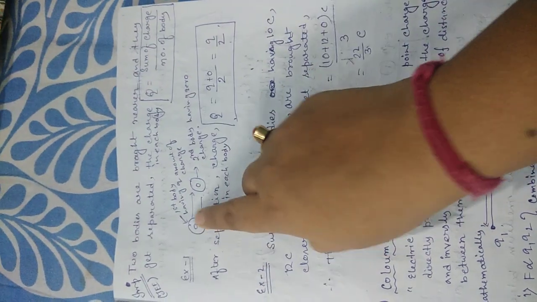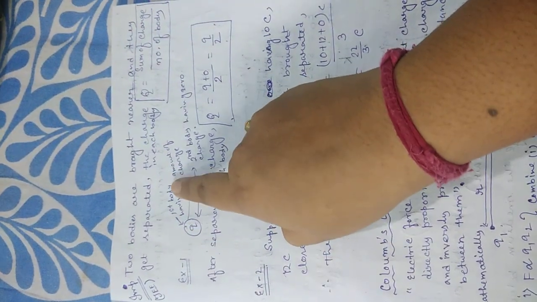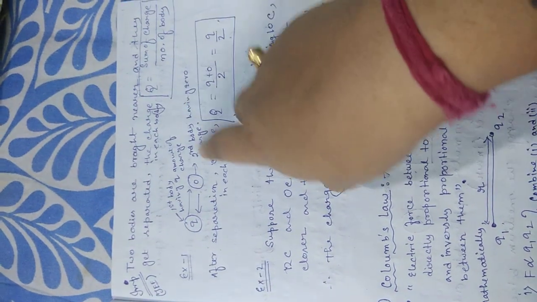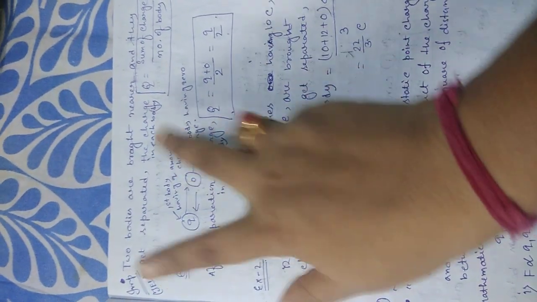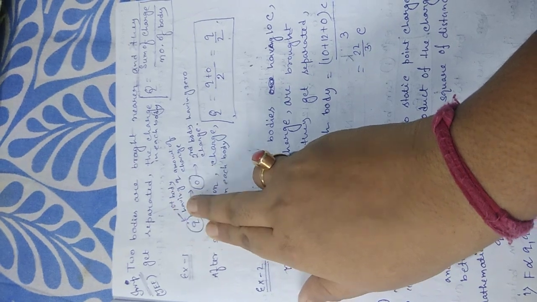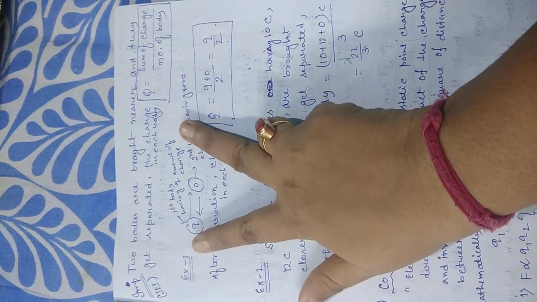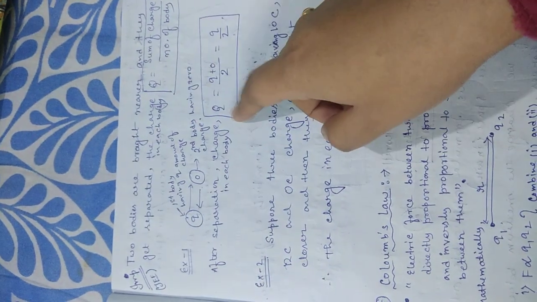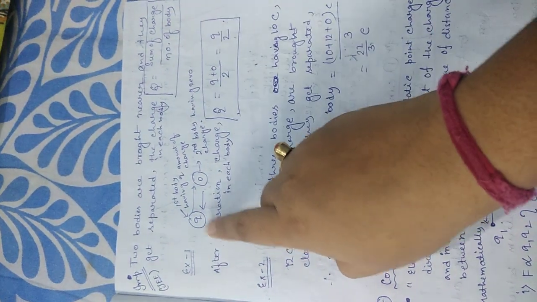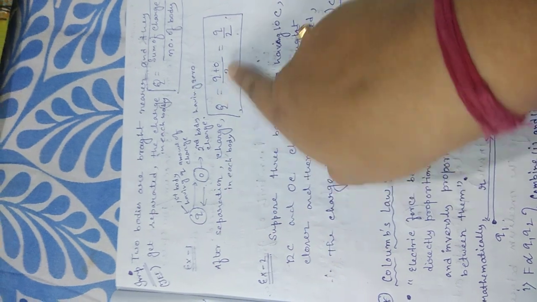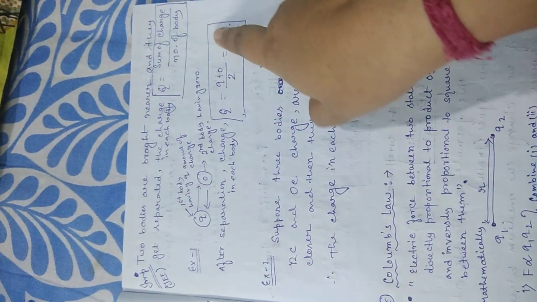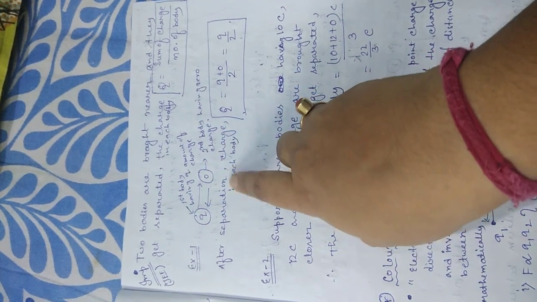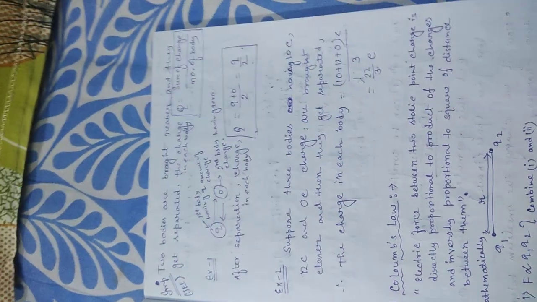For example, suppose the first body has charge Q and the second body has no charge, that means zero. First they are brought nearer and after that they get separated. How do we calculate the charge in each body after separation? Q equals the sum of charges, that is Q plus 0, divided by 2 bodies, so that is Q by 2. So the charge in each body will be Q by 2 coulomb.